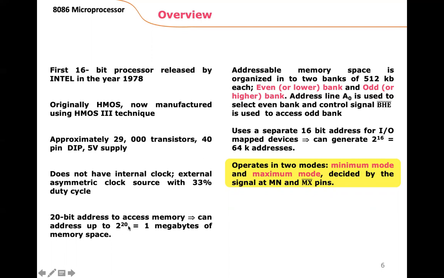So how many in the even bank? 512, because 1 megabyte means 1024 kilo. Clear?